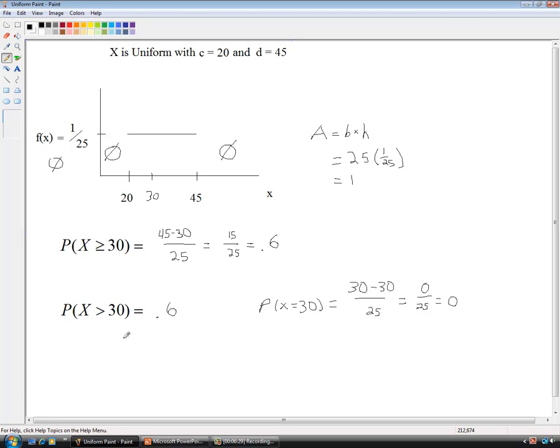So these two things are equivalent, and anytime you're dealing with a continuous distribution, the equal to sign is irrelevant.